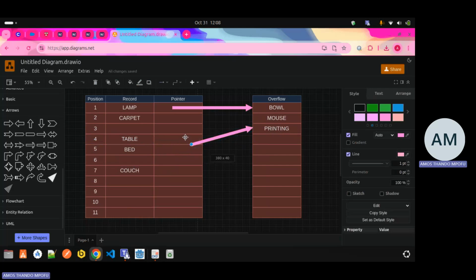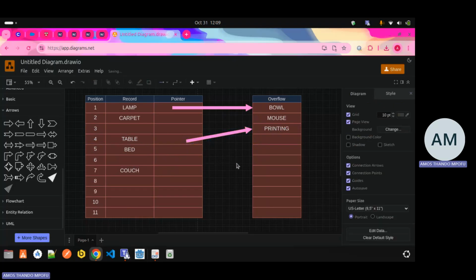And then make this a bit shorter, and then turn it around a bit. Then shift it up a bit. Okay, so that should be fine.